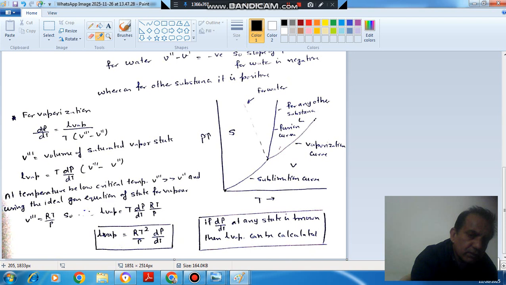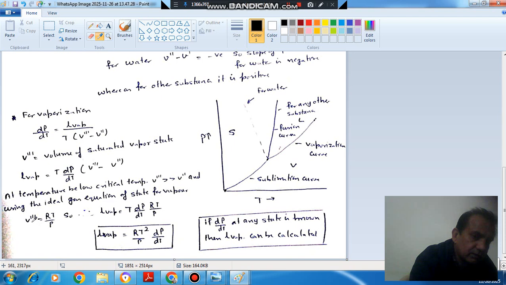Next, we will take the case of evaporation. For evaporation, dP by dT will take the latent heat of evaporation, this is your boiling point, and this volume is your saturated vapor state volume, and this volume is your saturated liquid volume. We know that saturated vapor volume is very, very high compared to saturated liquid volume, so we can neglect this, and we can assume that the vapor state follows the ideal gas equation.